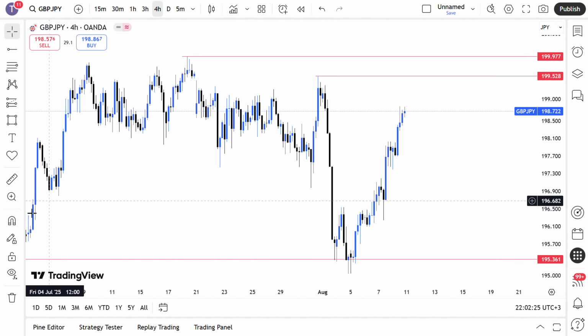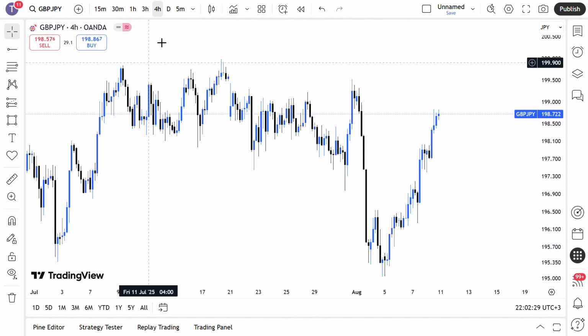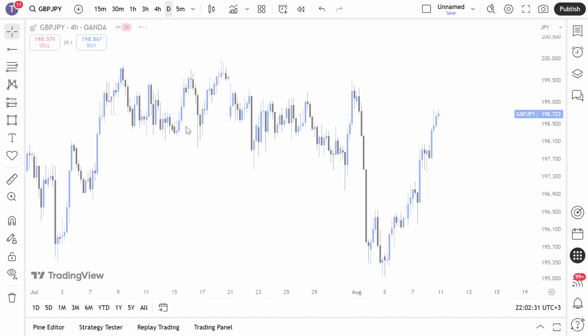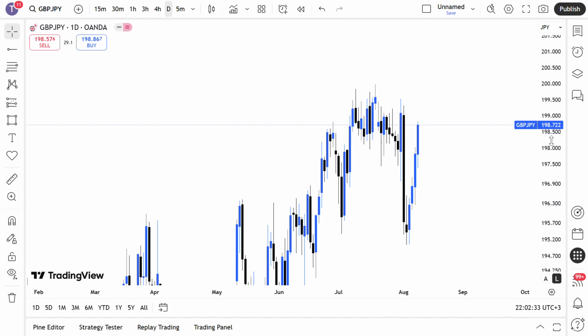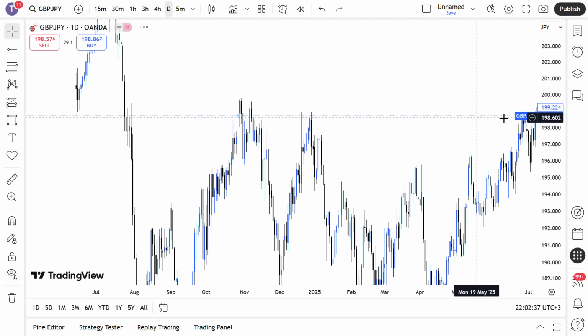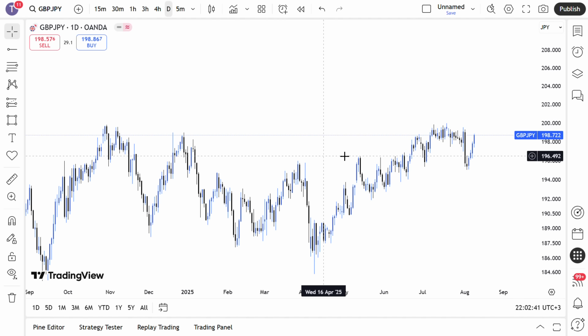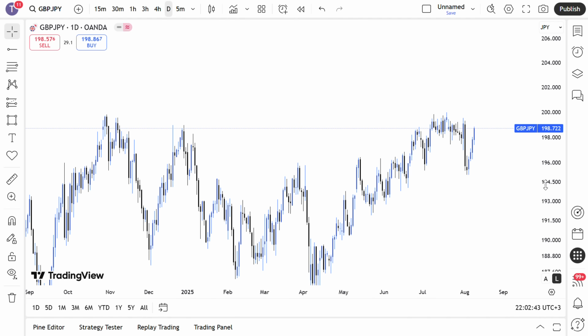So on GBPJPY, let me delete this and start afresh. Starting from the daily time frame, we can see clearly that the market is trying to react from this level up here.